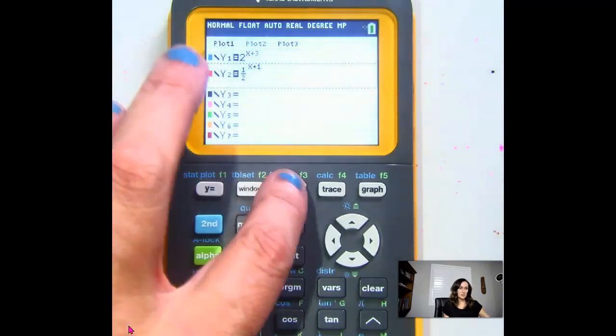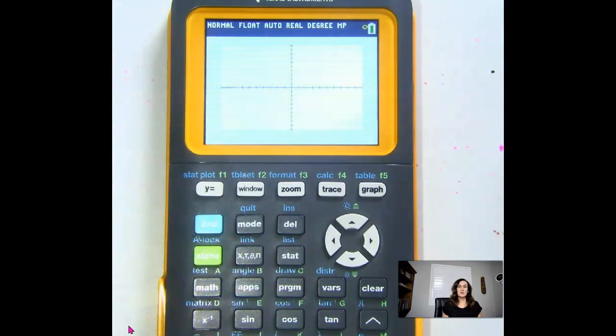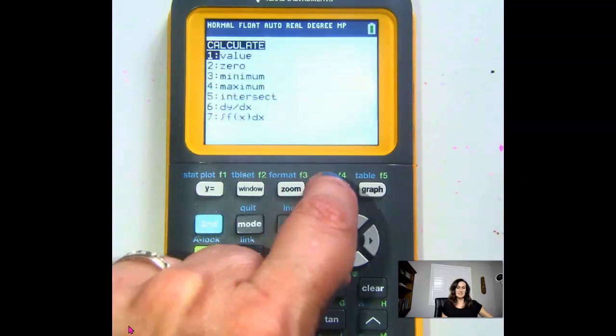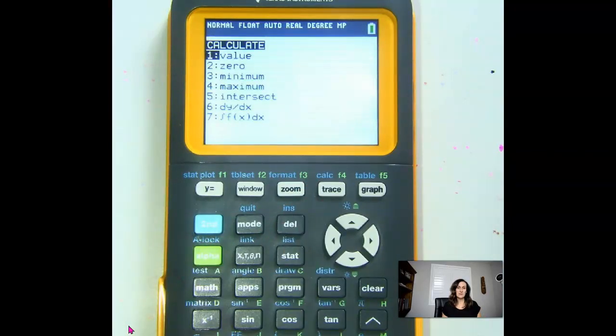I think a standard window will work just fine, so you can hit zoom 6 for that. And I'm looking for the intersection, which should be at -2 because that's what I solved it as. See those intersections and see how it looks like it's exactly at -2. But if we want to calculate it to make sure, you hit second trace, which is second calc, and then the intersection is 5.